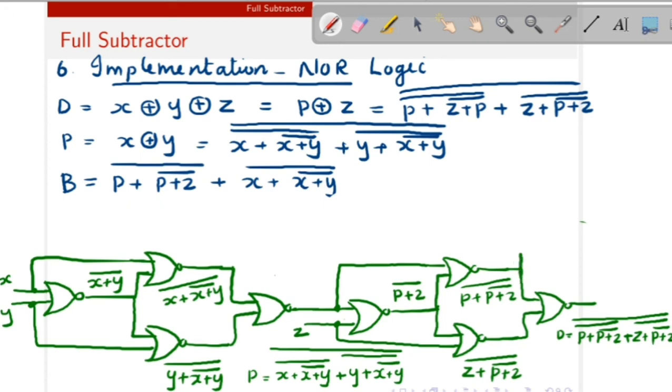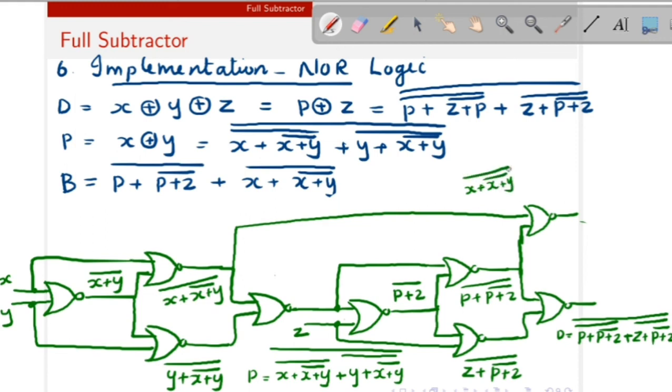The next is x plus y bar whole bar. So here we have x plus y bar whole bar. Take these two outputs, node together. So we get x plus y bar whole bar plus p plus z bar whole bar.